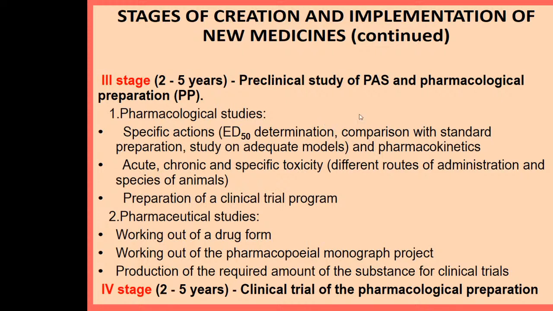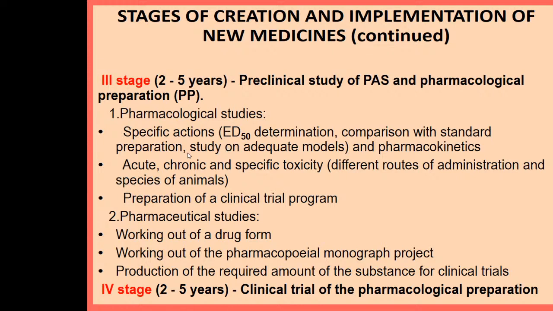After, we perform comparison with a standard preparation. We have drugs, for example, for treatment of tuberculosis. We have them nowadays. For what do we need a new drug? If this new drug is better, stronger, less toxic, but we should compare this new agent with the standard preparation.